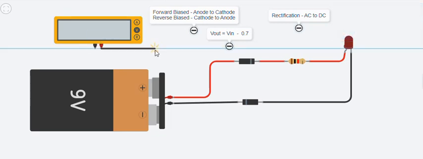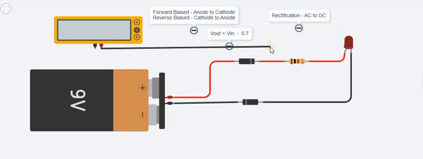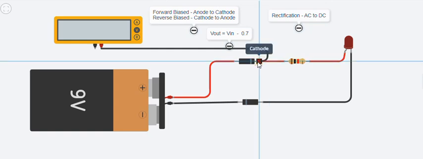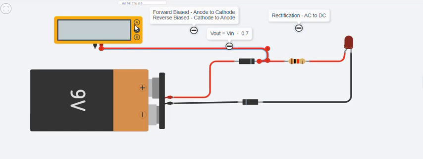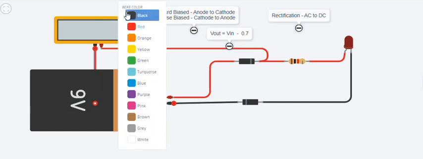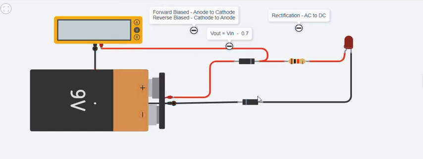Then we connect positive to the cathode of the diode. Likewise, we connect negative to the negative point on the battery. Why? Because we don't want to influence the negative by the diode here. So we want to see what's coming out from there, and let's simulate and see.